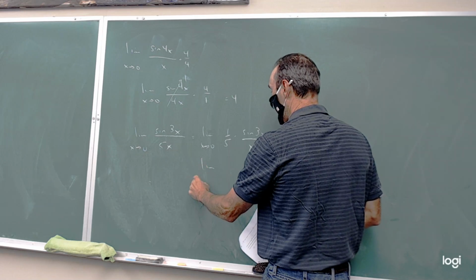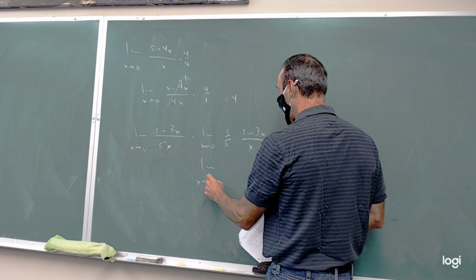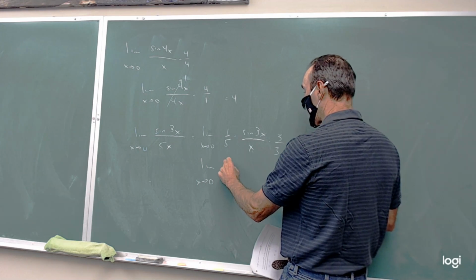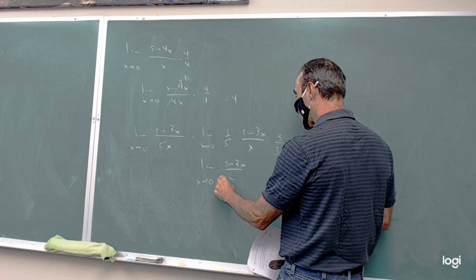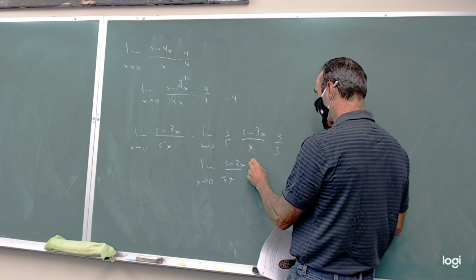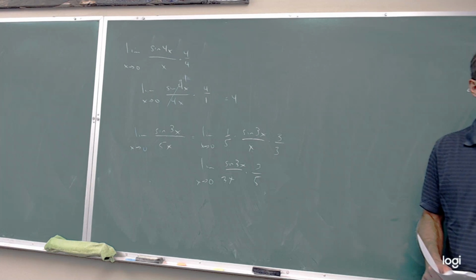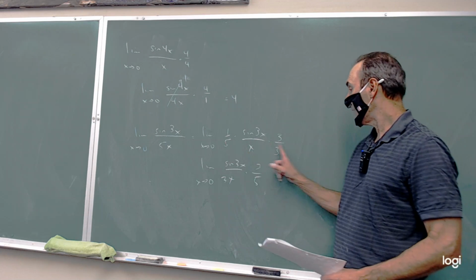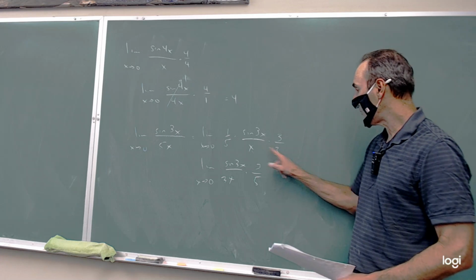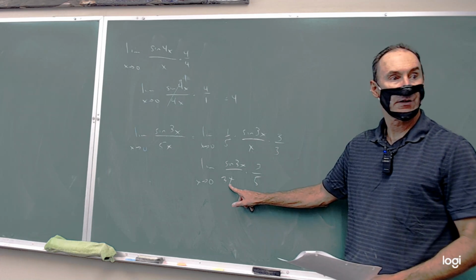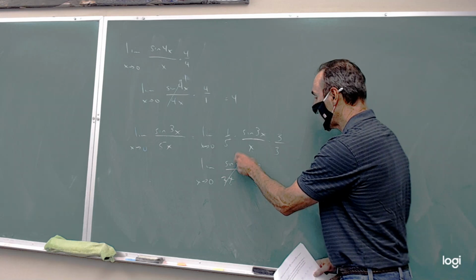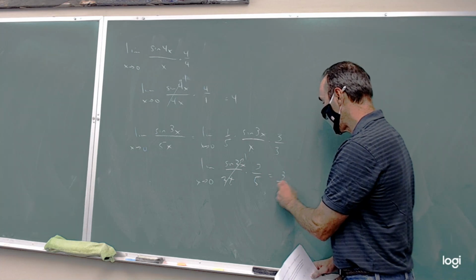So now we get the limit as x goes to 0. We're going to get our sine 3x over 3x, which we want. And we have an extra 3/5 left over. See what I did? So this 1/5 and the extra 3, I brought that 3 inside there. And so this is going to go to 1 times 3/5.